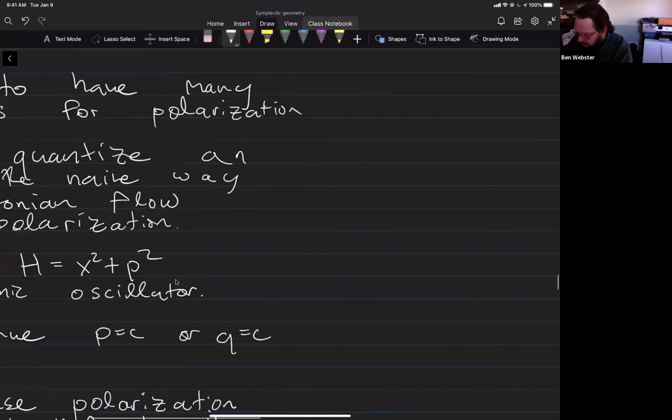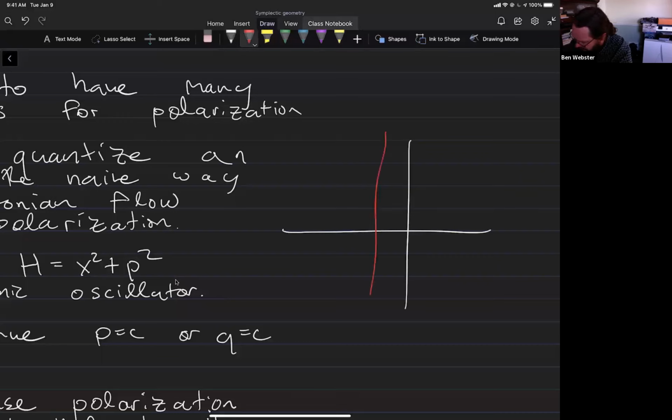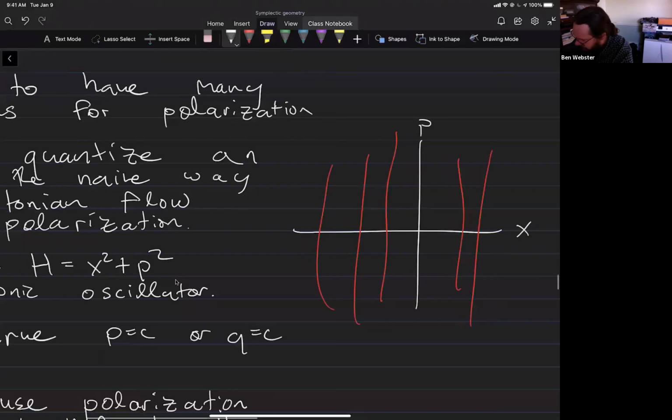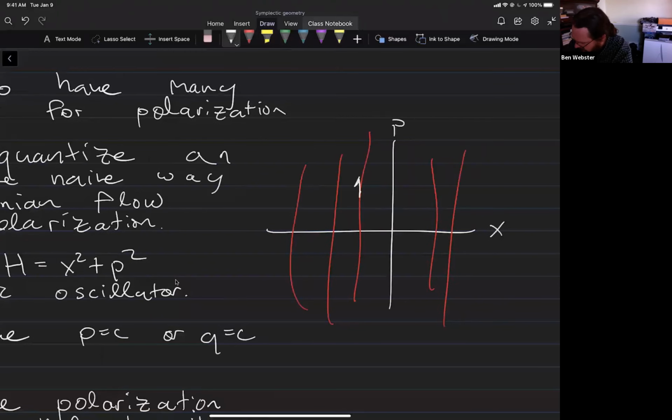So for example, if I have R2 with, let's say, the vertical polarization, this is the X direction, this is the P direction. Hamiltonian flow with respect to X is parallel to these guys, so that's okay. Hamiltonian flow with respect to P doesn't preserve the leaves, but it sends one leaf to another leaf. So that's okay. But on the other hand, if I rotate, I'm going to mess everything up.